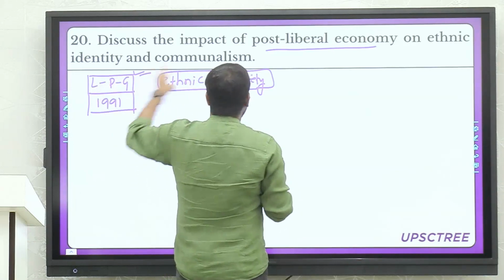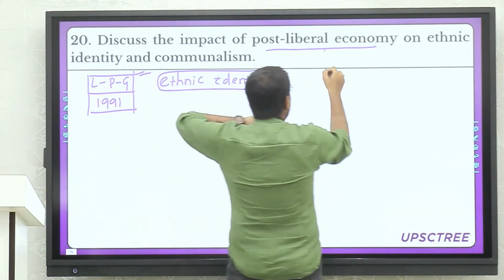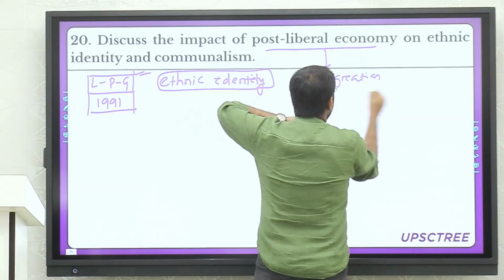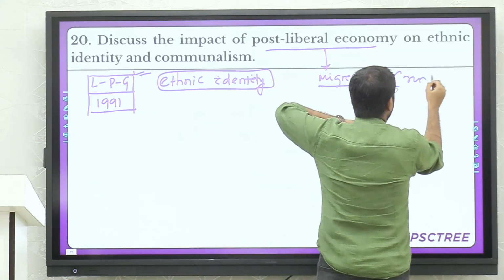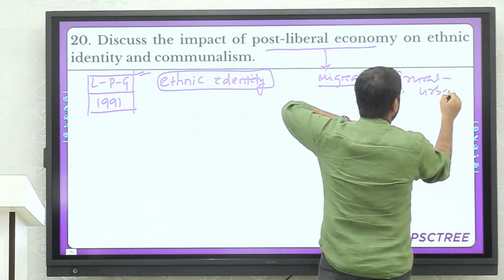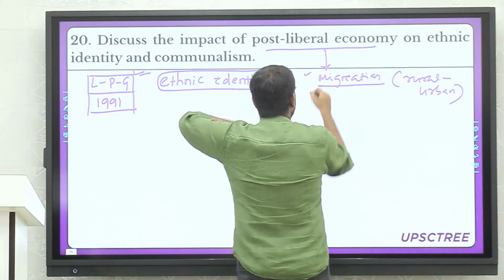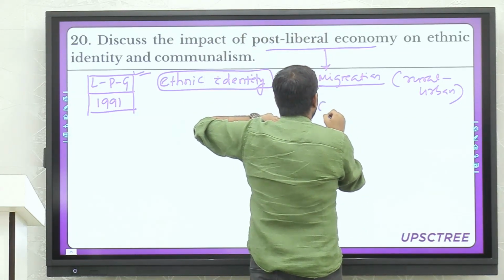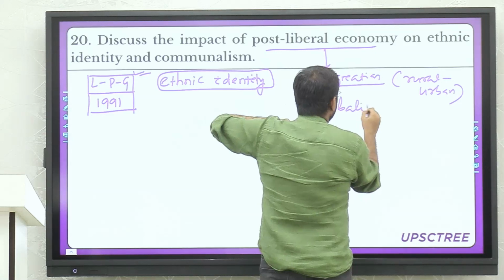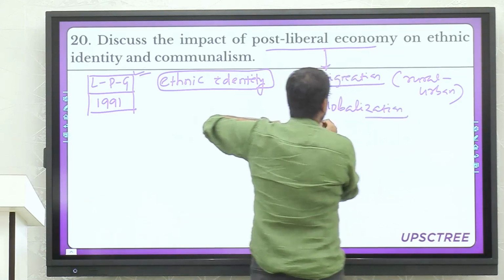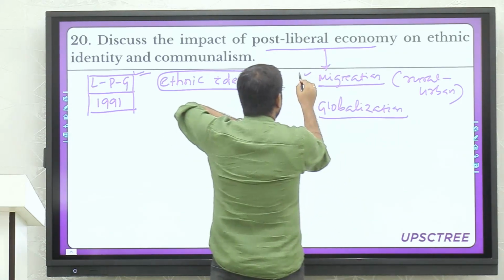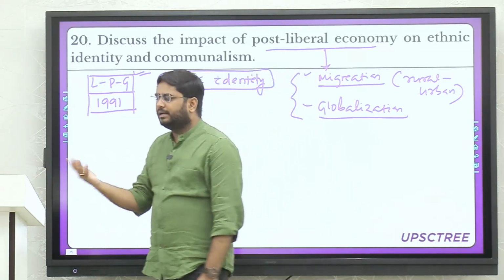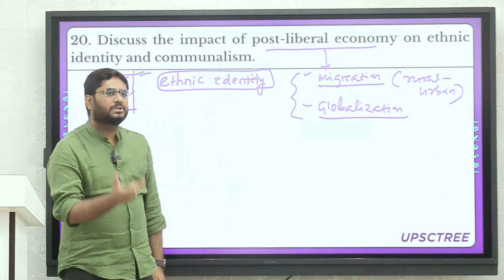But after the liberalization of the economy, there is a high degree of migration, rural to urban migration has happened a lot. And because of the opening of our economy, this resulted in what? We are exposed to the values of globalization. Suppose a person has lived his life in rural India completely, do you think their belief system is going to change overnight?